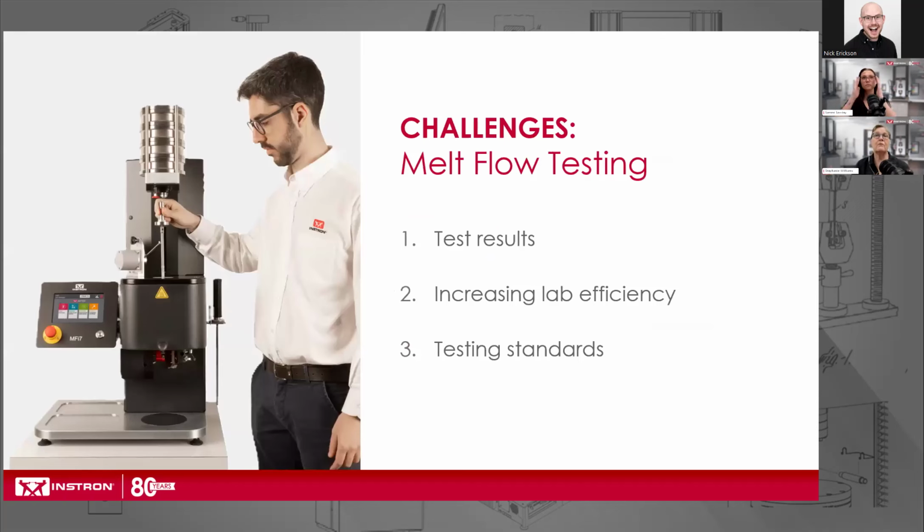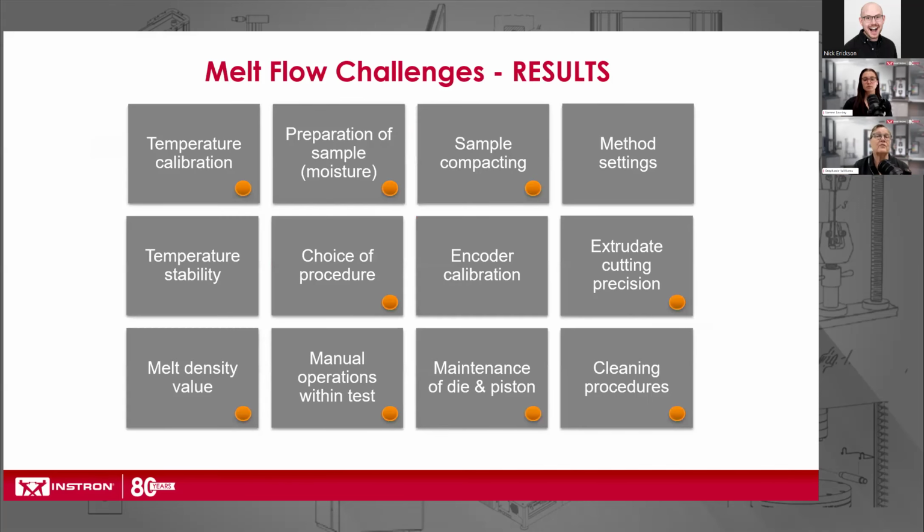If I start with melt flow testing challenges, the three biggest are getting test results, increasing your lab efficiency, and the testing standards. This slide shows a compilation of where we see the biggest result issues.